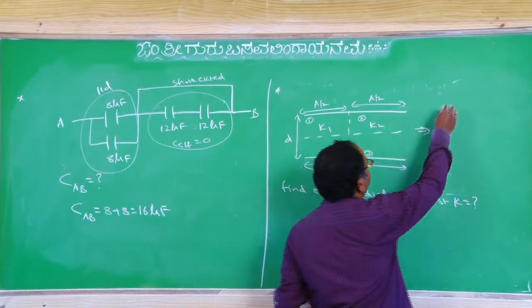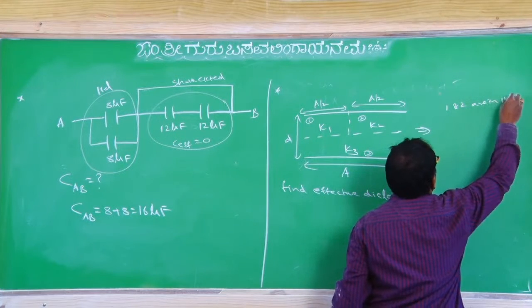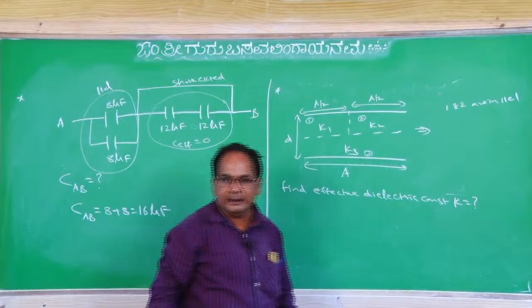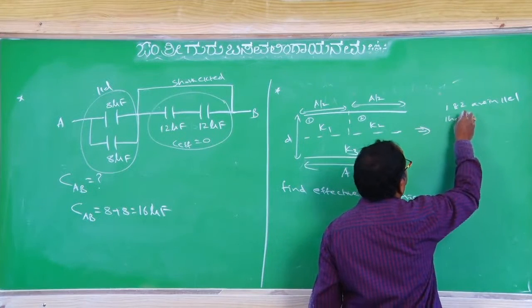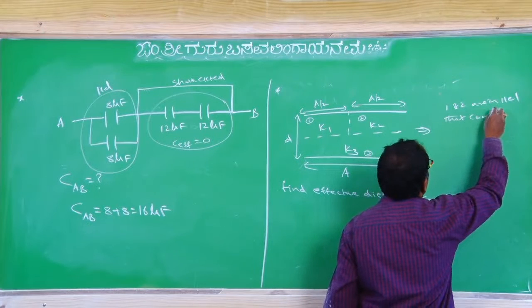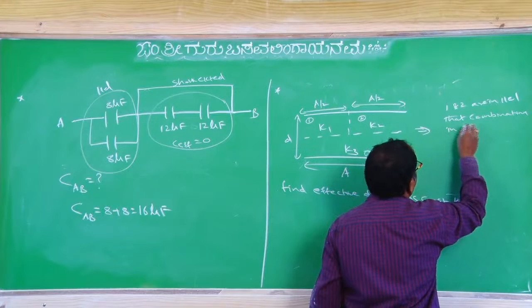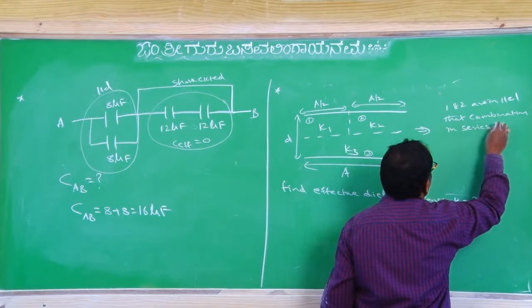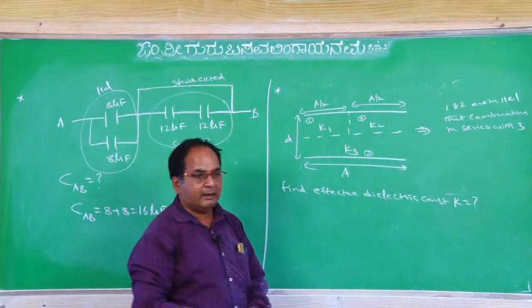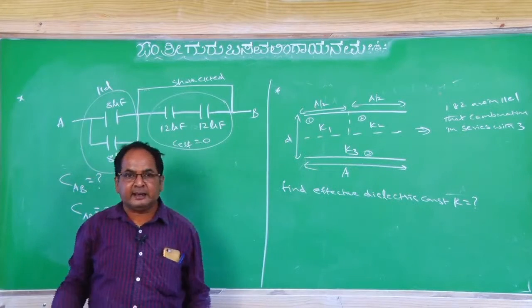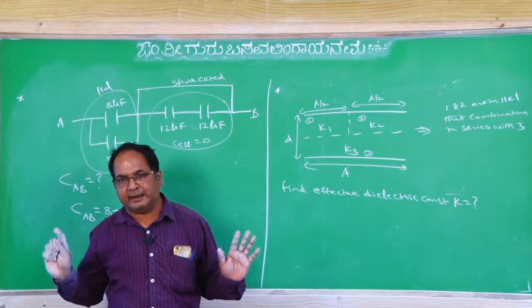So here what you should remember: 1 and 2 are in parallel, and that combination is in series with 3. If this is understood, the remaining is easy. Here, by seeing which are parallel and which are series, we should recognize.